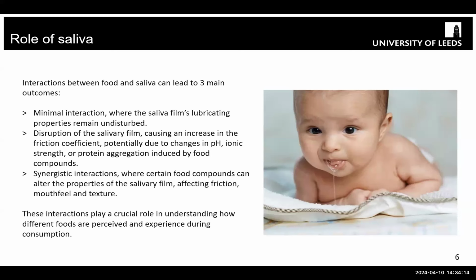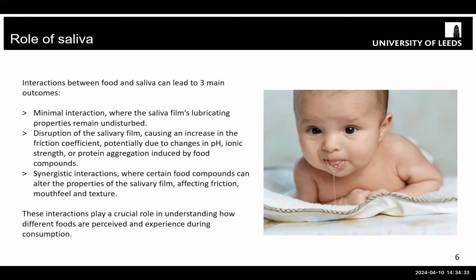Another thing that is very important to consider when we study oral tribology is, of course, the role of saliva. Essentially, there are three main interactions between the food and saliva that can lead to three different outcomes.